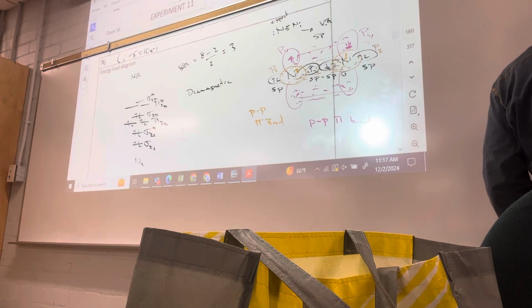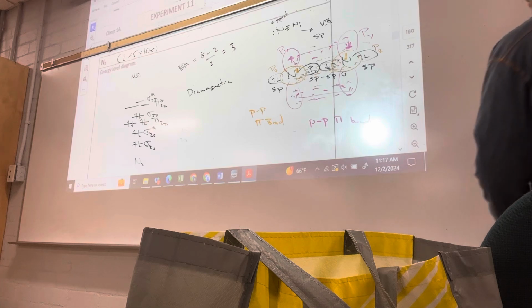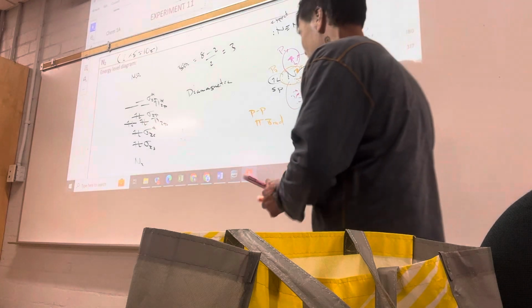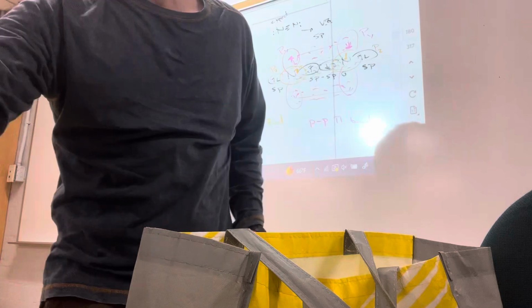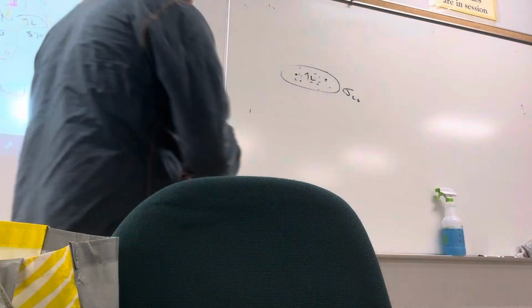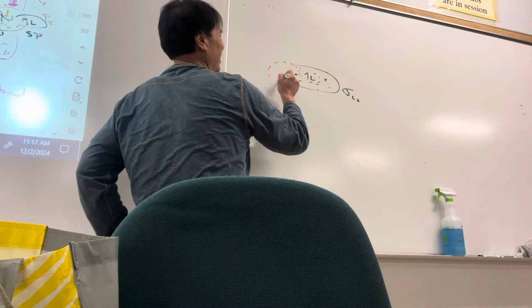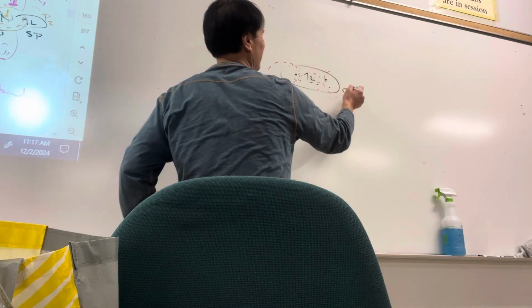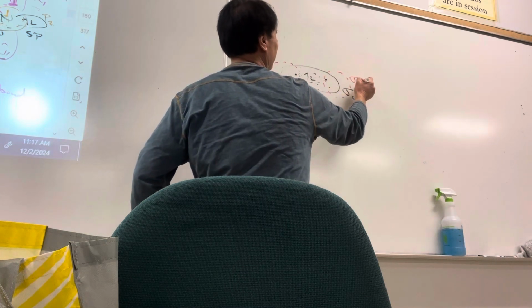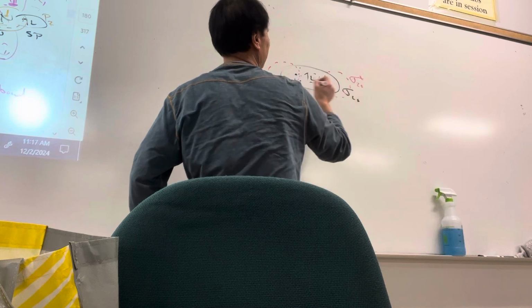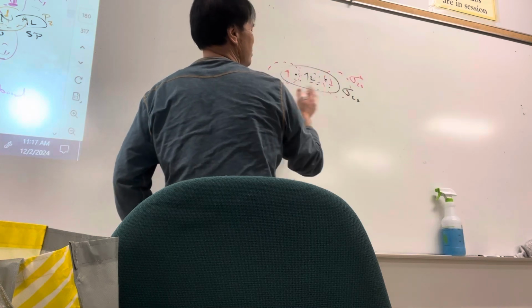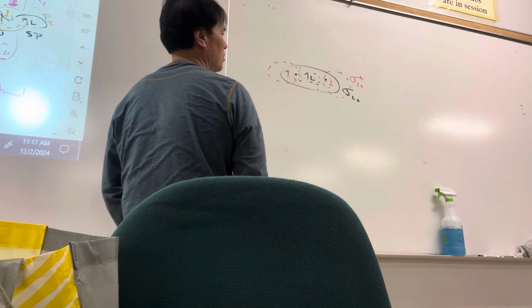However, that sigma 2s is going to be canceled by my sigma star 2s. And so this bonding essentially is going to be canceled by this anti-bonding. And so I'm pretty much at 0 now. No bonding interaction.